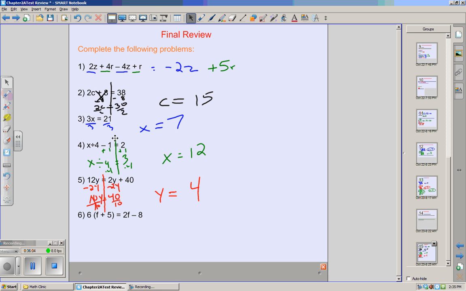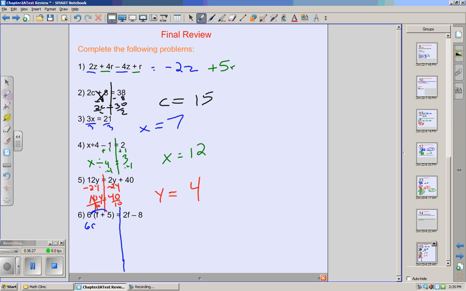And finally, the granddaddy of them all, I have the distributive property with multi-step equations. So I again draw my line, and I am going to start this problem with the distributive property. 6 times f gives me 6f plus 6 times 5, which gives me 30.